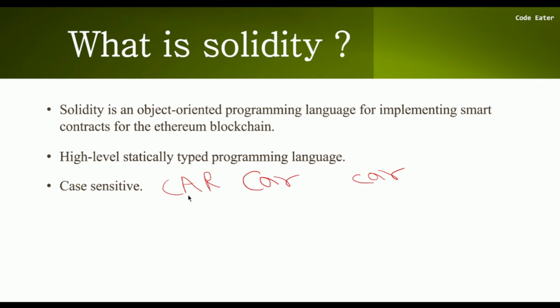For Solidity, all these three are written in different formats: one which is fully capital, one in which the first letter is capital and the rest are not, and then all small letters. So for Solidity, all these three are different variables. So it is case sensitive. It differentiates between small letters and capital letters, okay?